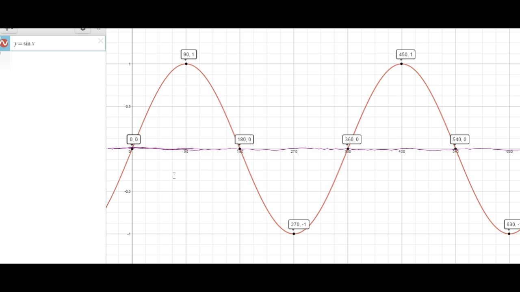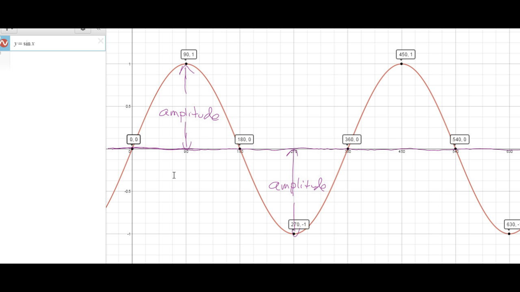So the amplitude is from the middle to the highest part. This is amplitude. Or from the middle to the lowest part. This is amplitude.